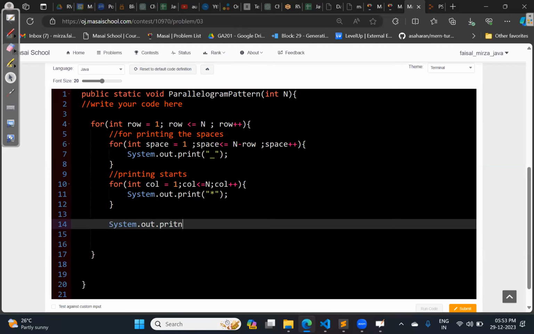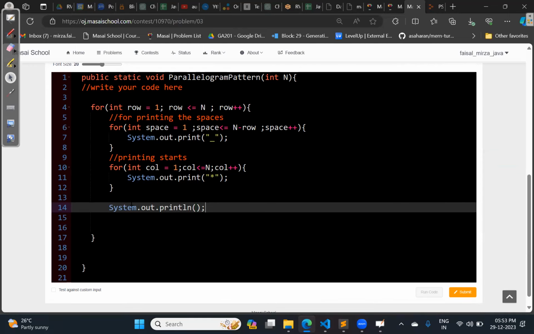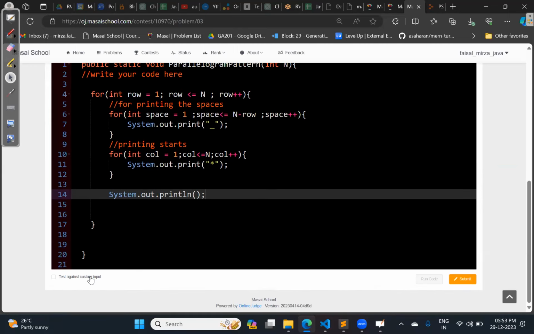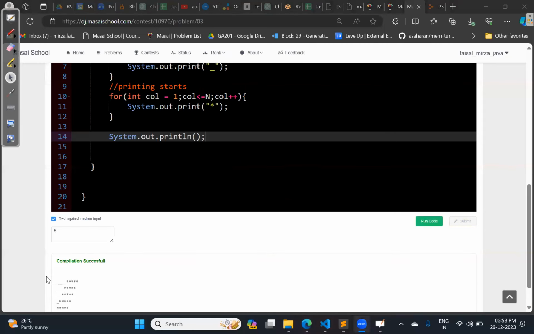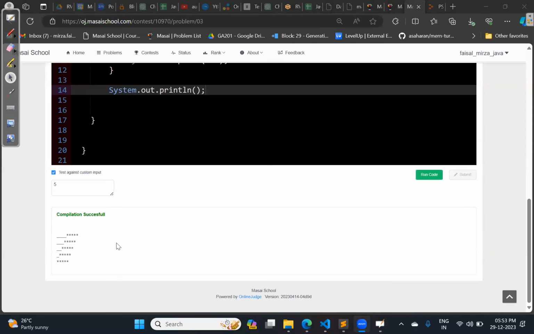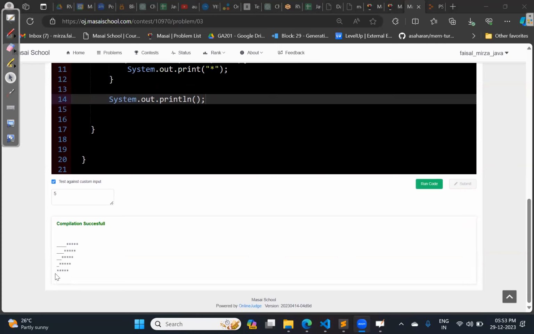System.out.println. Let us try to run this. So are you getting the output as per the expectation? At the last row, no space is getting printed, right? So let us try to submit it.